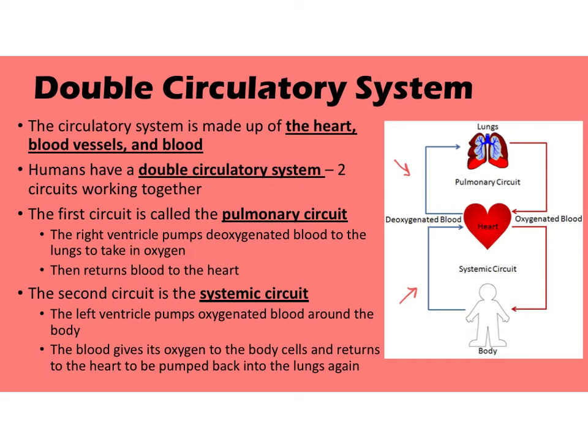So as we can see in the picture, the oxygenated blood comes out of the heart here, goes towards the body cells, and then comes out of the body cells as deoxygenated blood back into the heart, where the circuit will start again to go into the pulmonary circuit. Okay, so both of these circuits work together so that we have deoxygenated blood and oxygenated blood in the right places in our body.